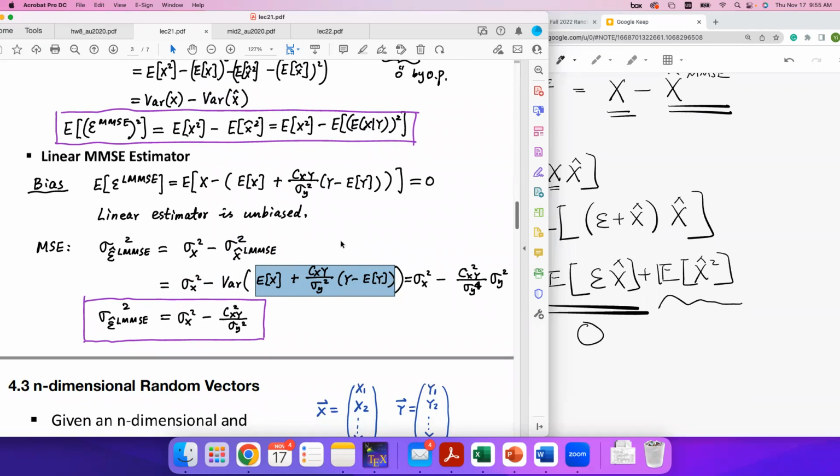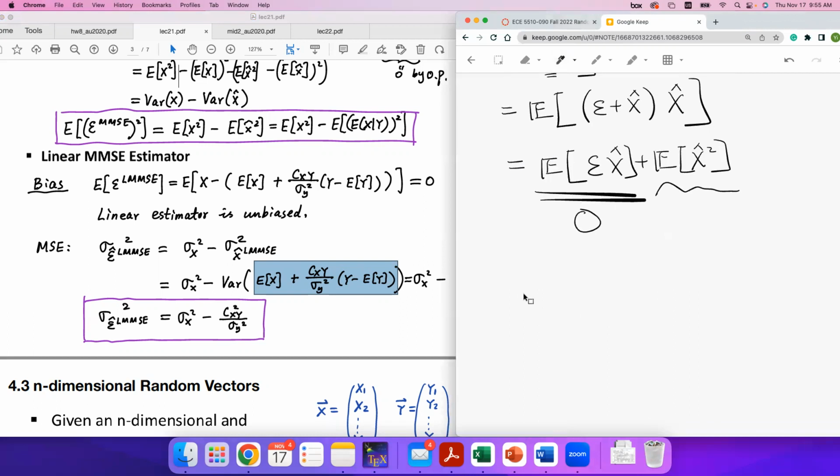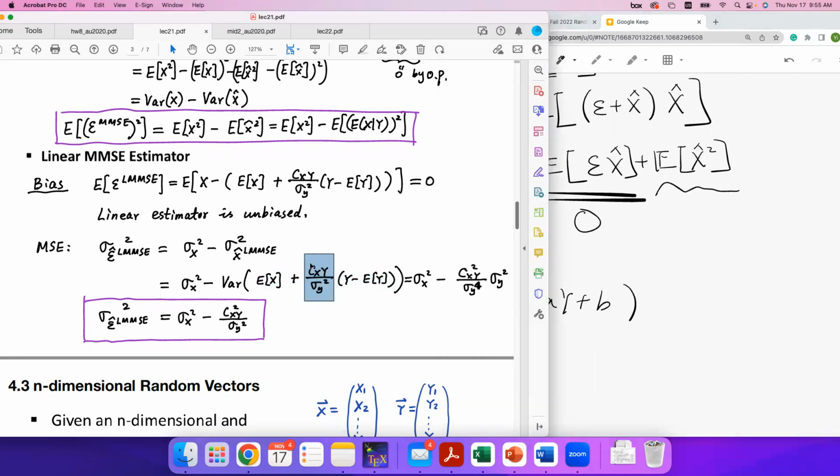Now look at this. Inside is a linear function of y, so it is something like ay plus b, where A equals this coefficient.